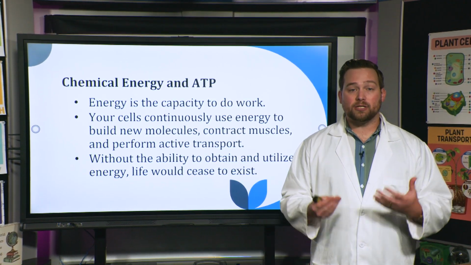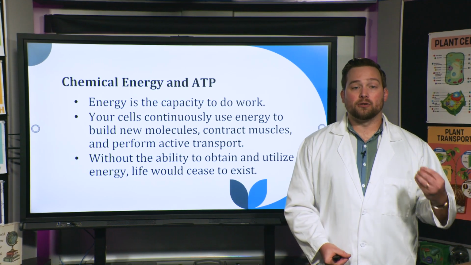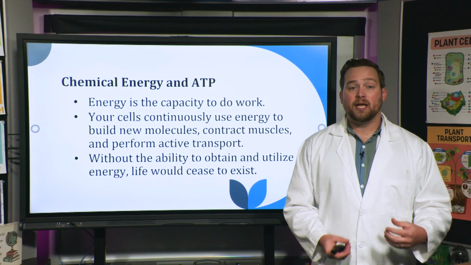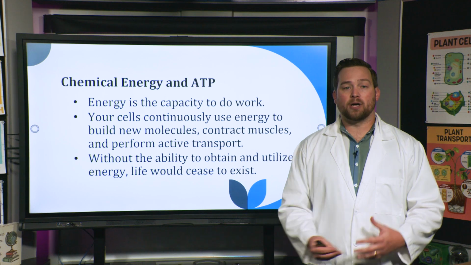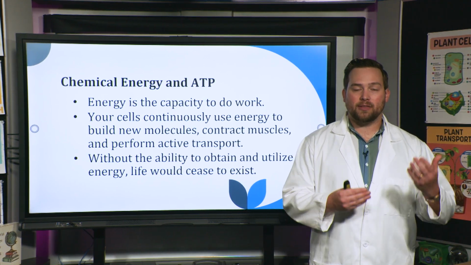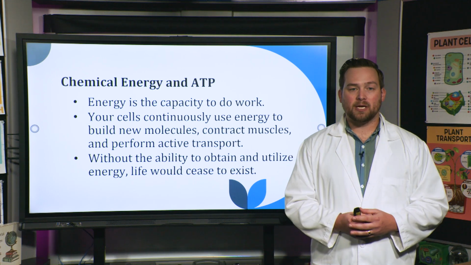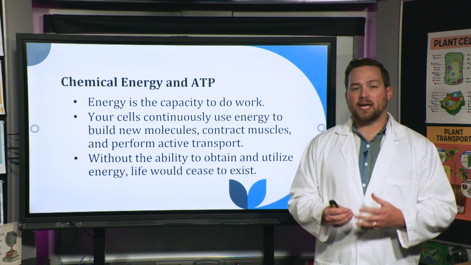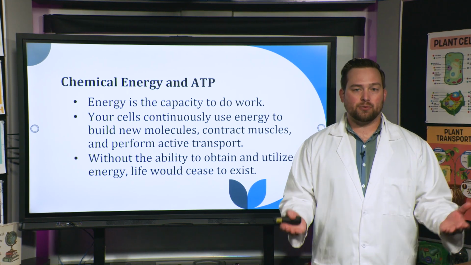They need energy to do that stuff. Your cells constantly use energy to build new molecules, contract muscles, perform active transport. We can't do that stuff without energy, and the energy we need is called ATP. Without the ability to obtain and utilize energy, life would cease to exist.